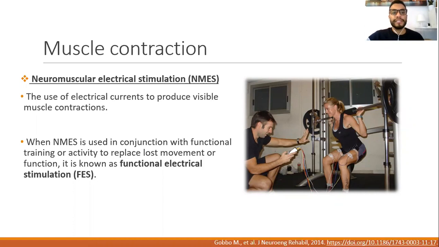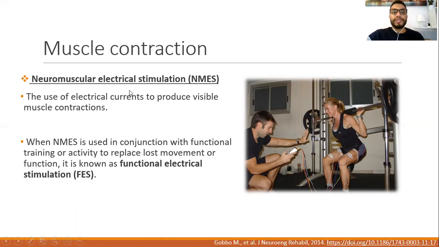So this is the use of electrical currents to produce visible muscle contractions. When NMES is used in conjunction with functional training or activity to replace lost movement or function, it's known as functional electrical stimulation, FES.